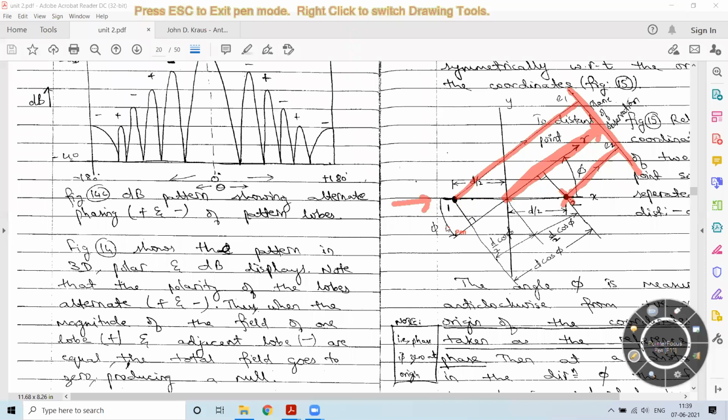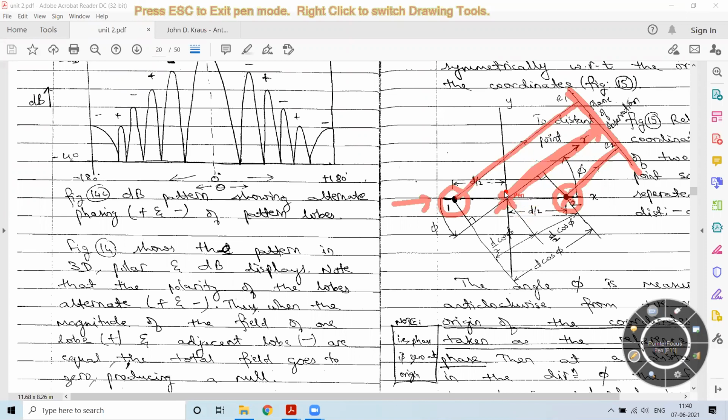Therefore, with respect to the reference point, the field at the observation plane due to source 1 lags by some amount, whereas the field due to source 2 will be leading, because if you start all at time t is equal to 0, the source 2 wave will reach first, second this one, and third this one.